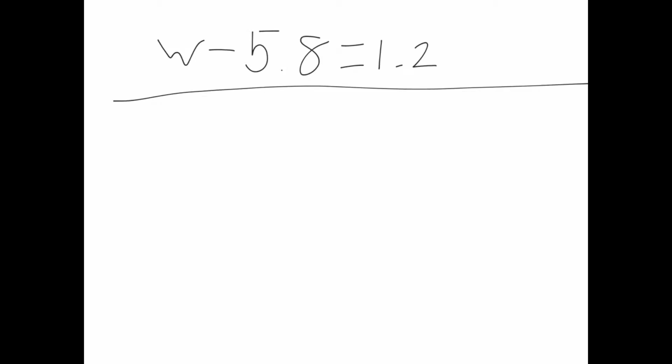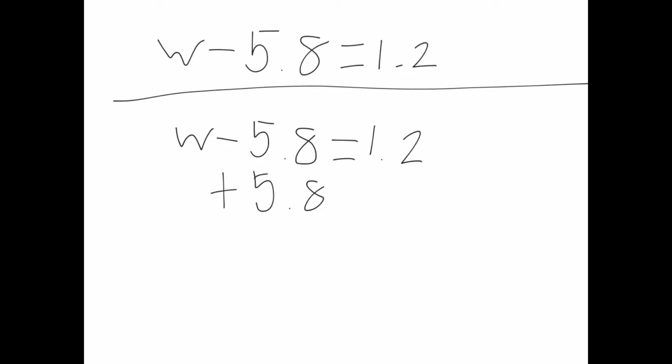When solving equations with decimals, you basically do exactly what you would do when you're solving equations without decimals. So this is a subtraction problem, and I want to get just my variables, so I would put plus 5.8 because addition undoes subtraction.